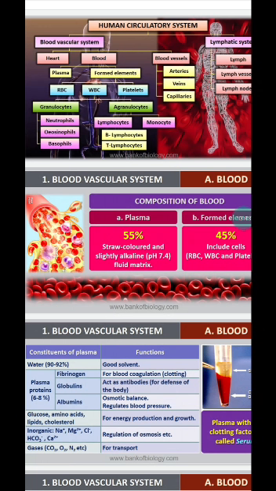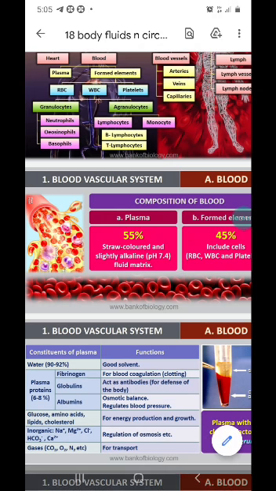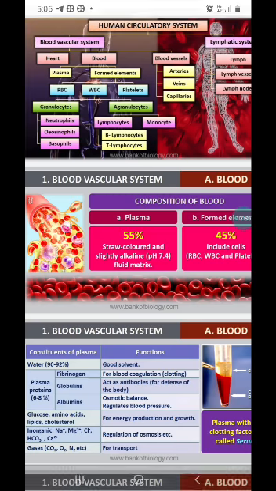Excretory waste products are present in the plasma. Hormones may be present, and many other dissolved substances, inorganic substances like sodium ions, magnesium ions, chloride ions, bicarbonate ions, calcium ions, and nutrients like glucose, amino acids, lipids, cholesterol, etc.